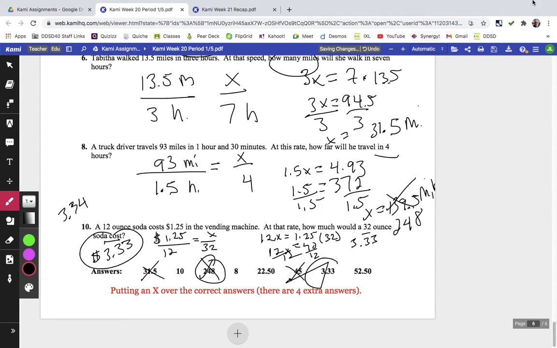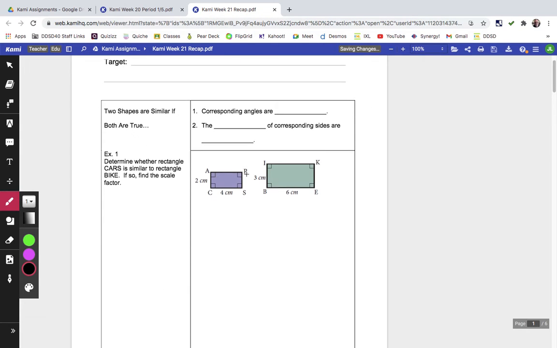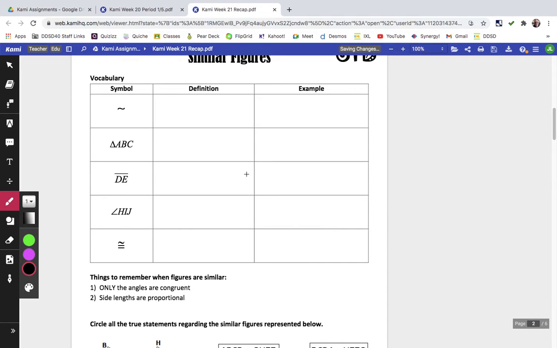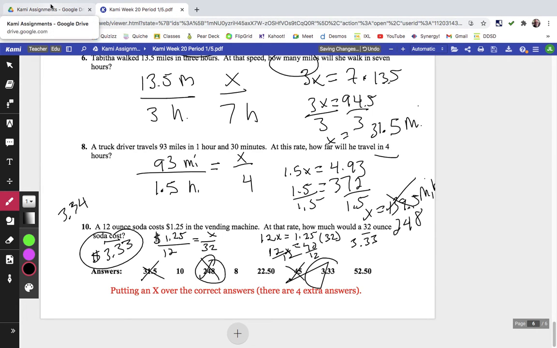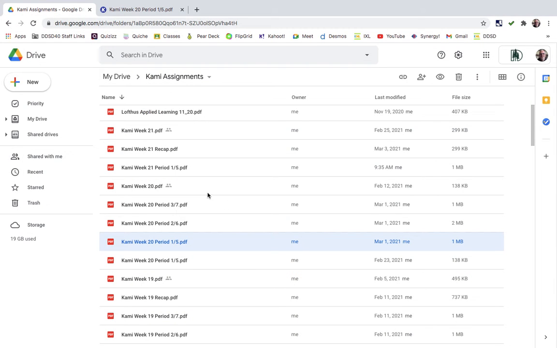Let's go to what we did today. And what we did today, I'm going to actually open up one that already has all this, just in case you missed it. I'm not going to rewrite all of that. And let's open up period 3.7.